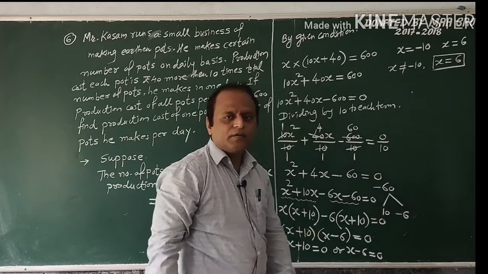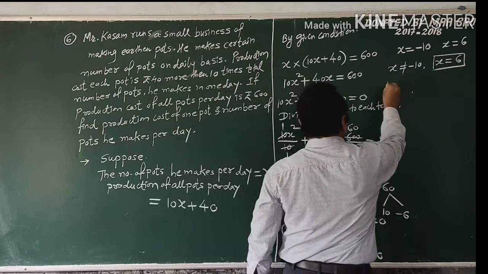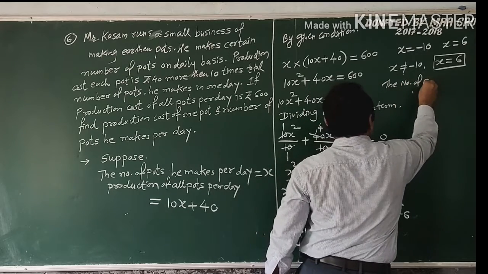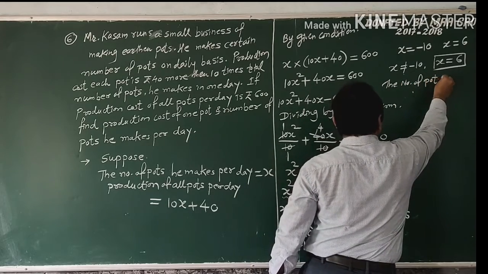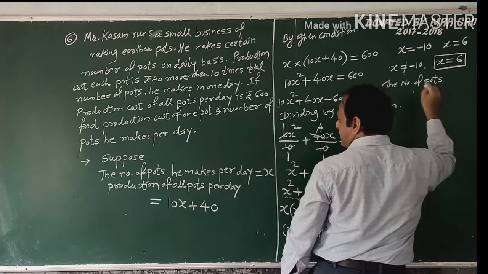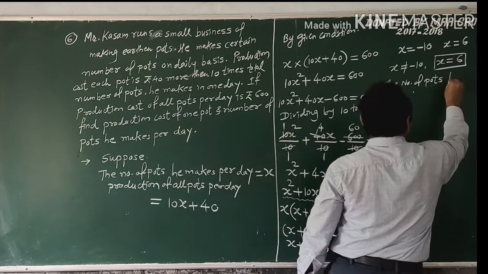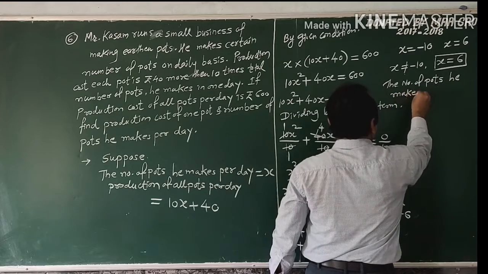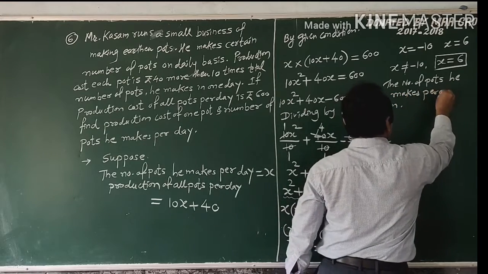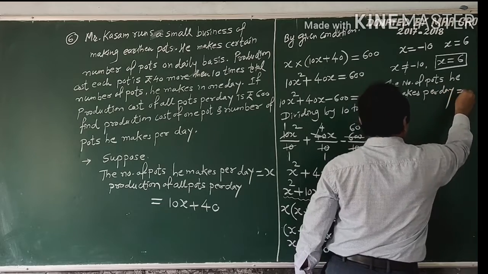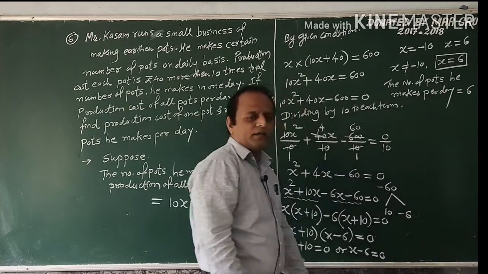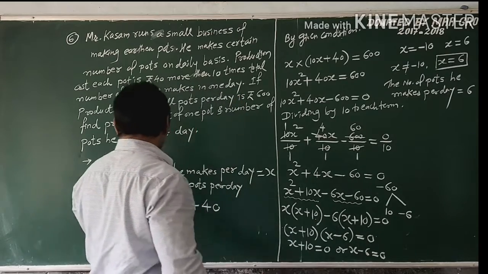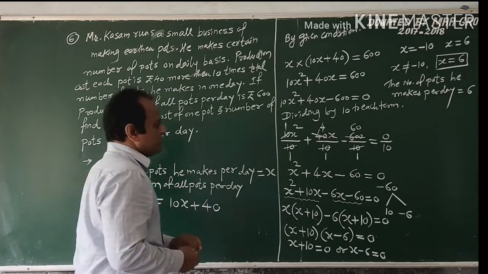In this way we have the number of pots he makes per day is equal to 6. Now what is the production cost here?